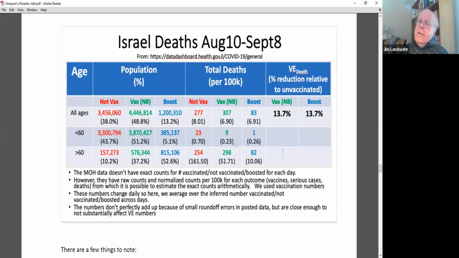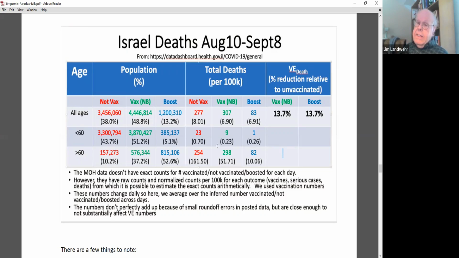So indeed, people older than 60 were dying from COVID during this period at a much higher rate in Israel than people under 60. And the death rates are the numbers in black there, calculated the same as before.